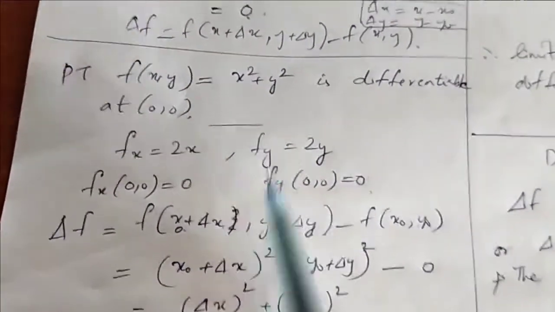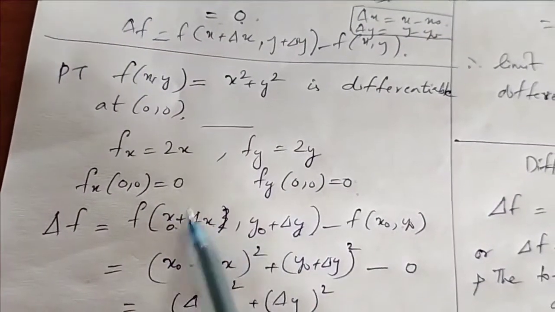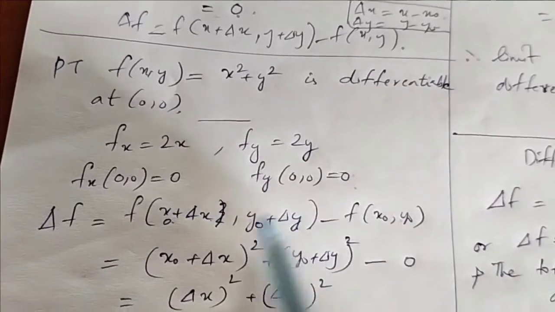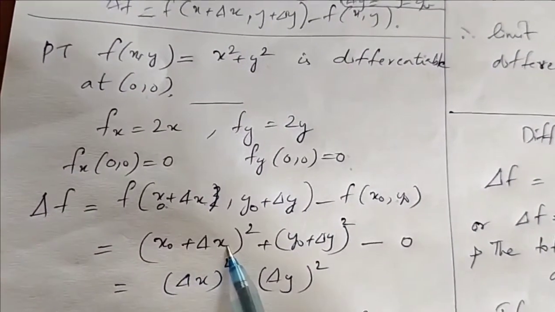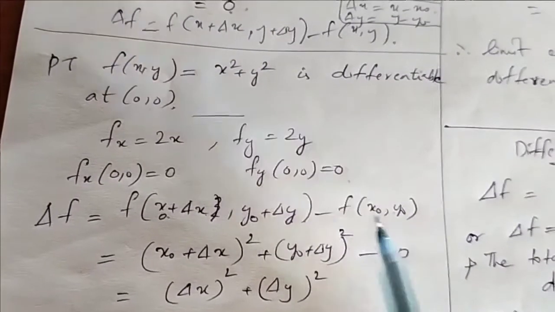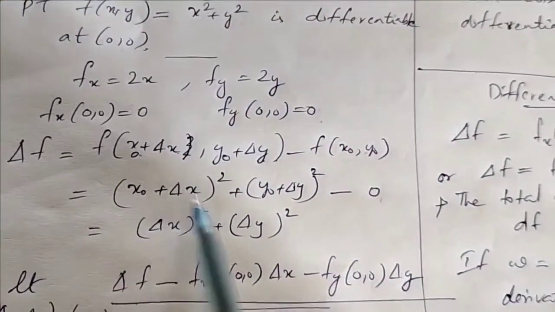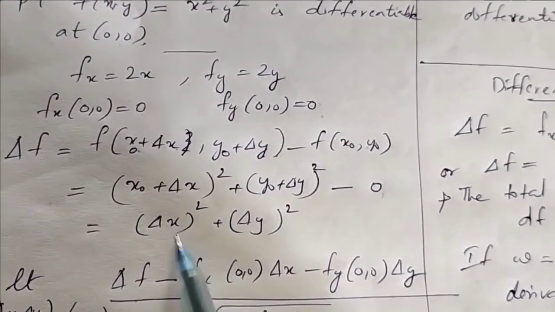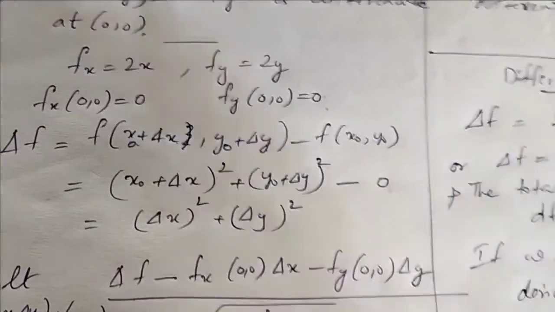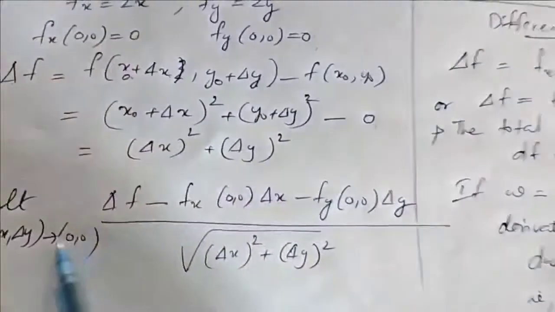The function is defined as x² + y², so it is the x coordinate squared plus the y coordinate squared. So (x₀ + Δx)² + (y₀ + Δy)² minus f(x₀, y₀), which is 0. Since x₀ is 0 and y₀ is 0, this becomes (Δx)² + (Δy)². And what is this limit value?